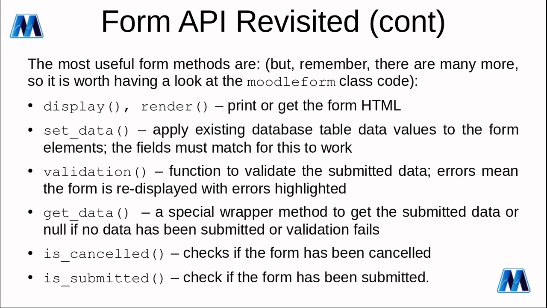So we have things like display and render, which prints or gets the form. Then we've got set data, which we've spoken about before, applies the database table values to the form itself. We have a method called validation. So once the form has been submitted, we can actually validate the data that's coming through.